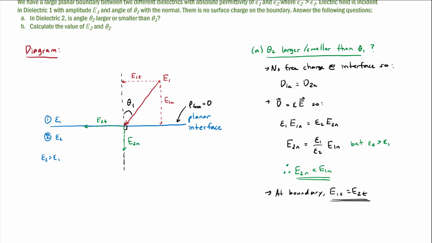So with E2, I have this here, and both of these are vectors. And how do they compare with each other? Let's take a look.